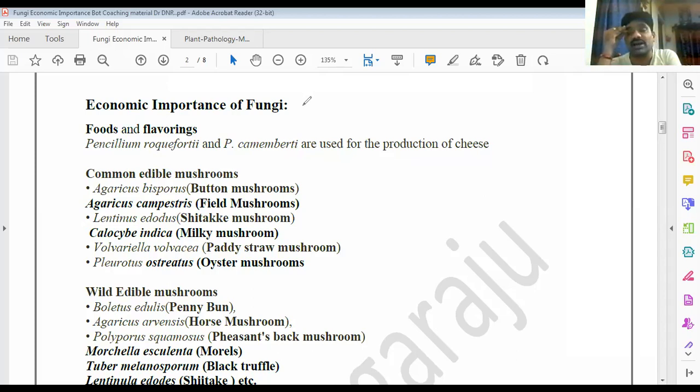You know, I already told you mushrooms are vegetable meat. They have rich protein, 21 to 36% protein is there in mushrooms, and highly saturated fatty acids are there.